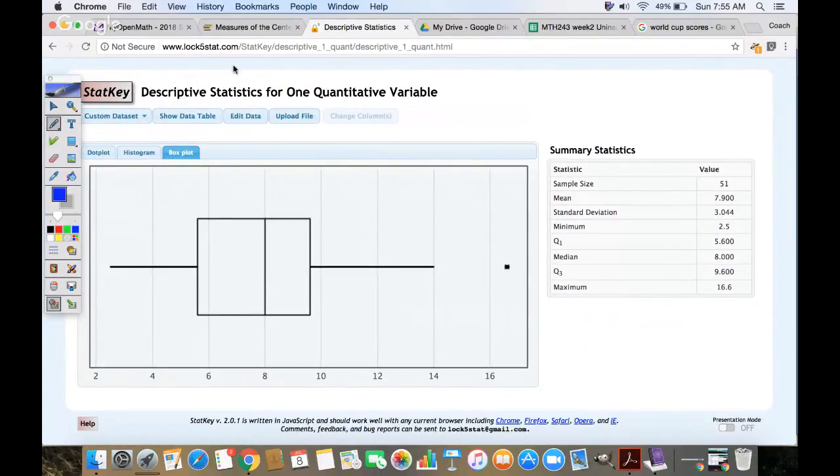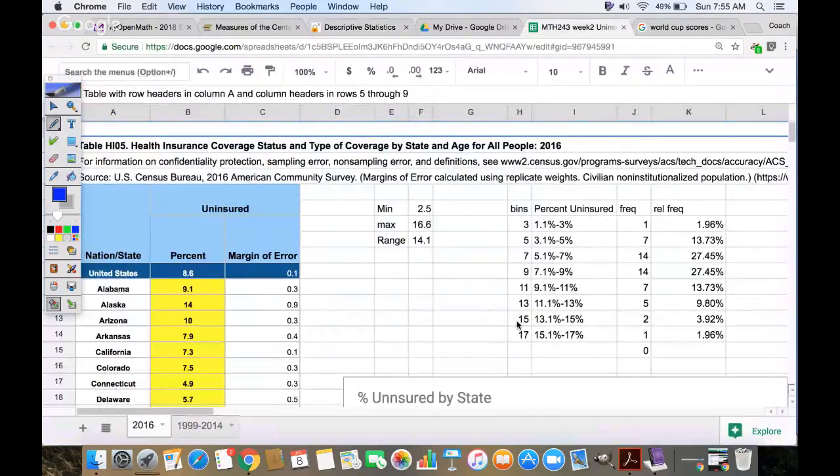Okay, so let's take a look at a spreadsheet. So here's my spreadsheet from application 2, where I needed to make a frequency table and a relative frequency table. And this is important. When you make a frequency table, use the same groupings to come up with the relative frequencies, because these frequency numbers are what give you the relative frequency.